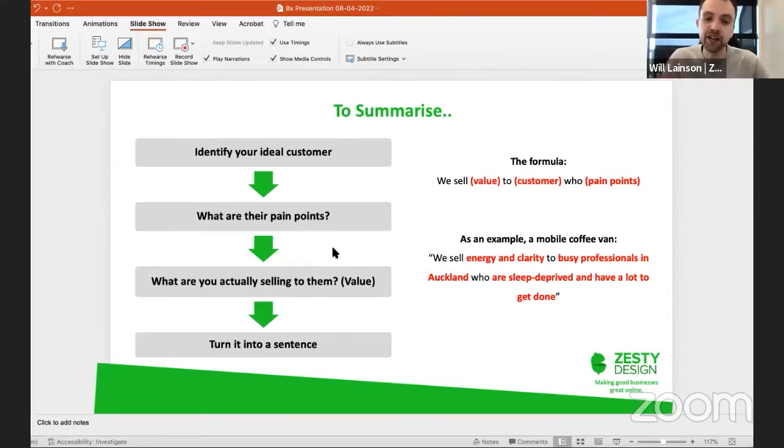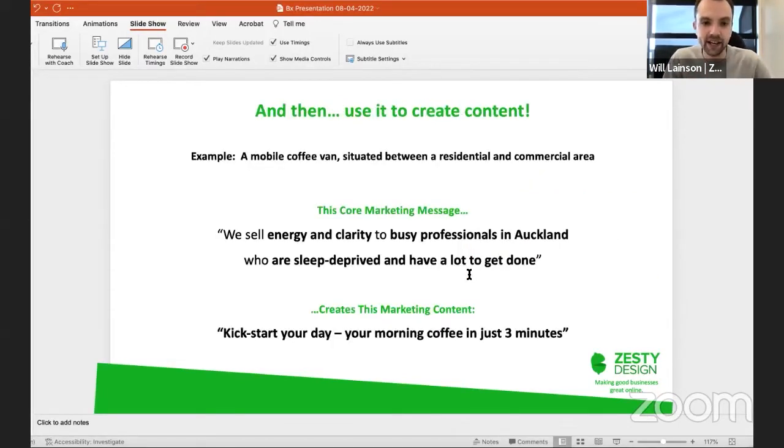you turn it into a sentence, such as an example I had here for a mobile coffee van, which is situated between a residential and commercial area. So the type of coffee van that you see when you're driving into work in the morning, and they're generally parked on the side of the road.